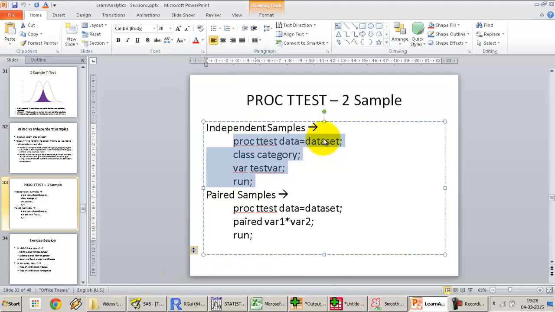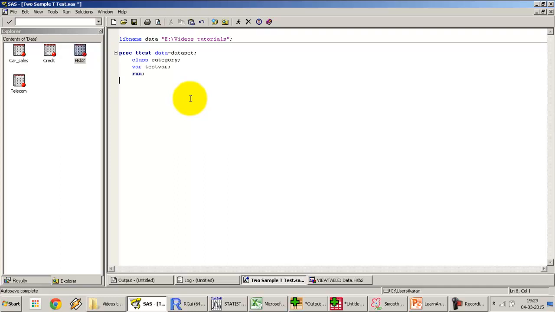So proc ttest data equal to data set name, class category var, test var. Class is where we have to specify the factor which controls the two samples. Over here we've got proc ttest data equal to, so I've got the library name which is data itself, and the data name is hsb2.